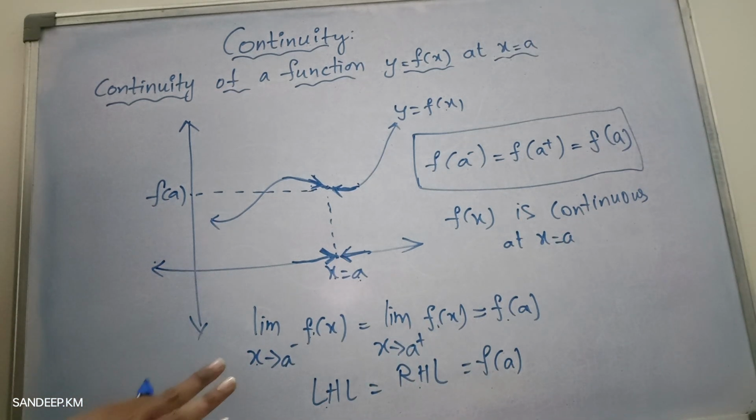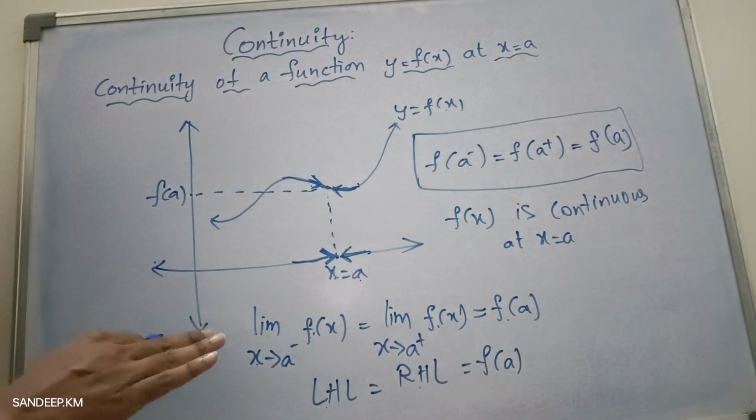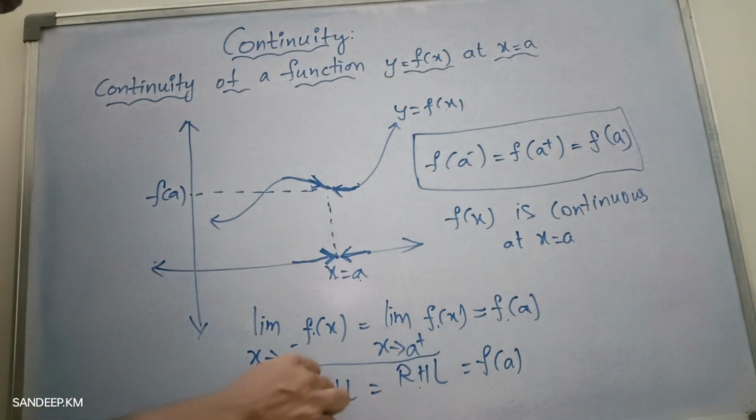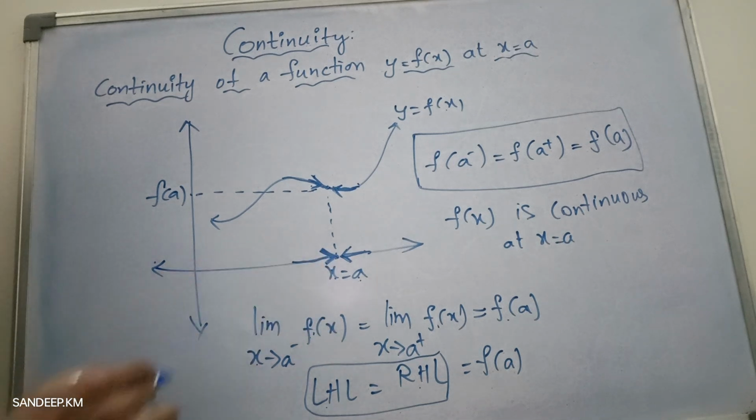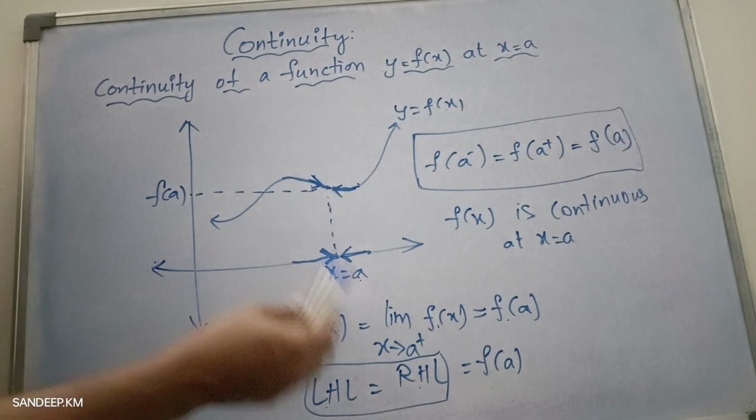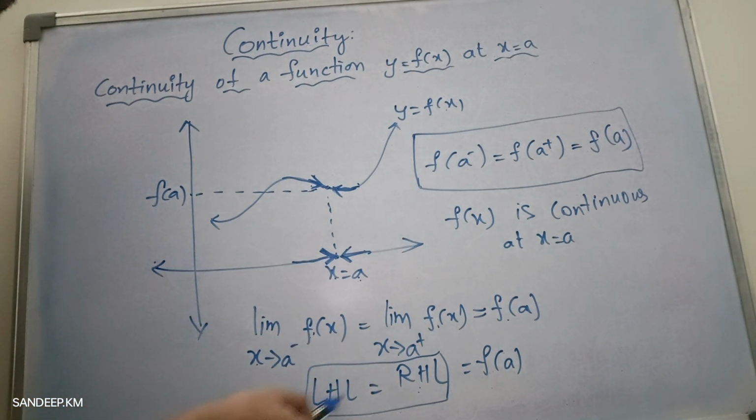In limits, if you want the limit of the function to exist, then if LHL is equal to RHL, it is enough. But in case you want to check whether the function is continuous at x equal to a or not, then LHL must be equal to RHL and both of them must be equal to the value of the function. Understand the difference. To check continuity, all three must be equal. But to check whether the limit exists or not, these two are enough. These two are equal means it is enough.